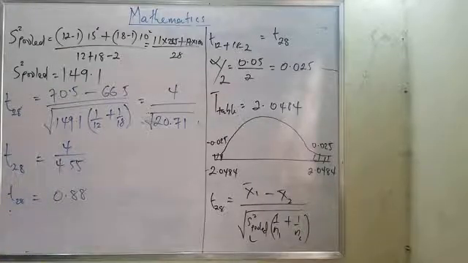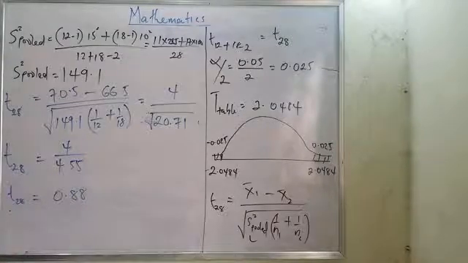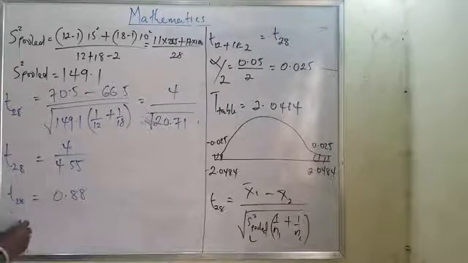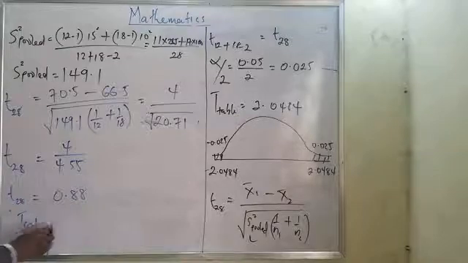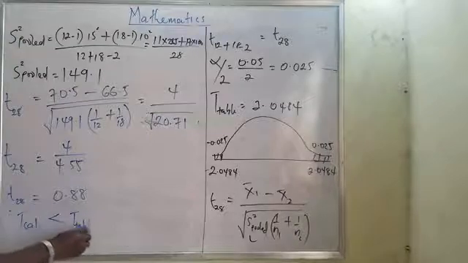Now, don't forget the t table and the calculated value. We have to know the condition of both of them. Why are we accepting it? Because the t calculated, 0.88, is less than the t table, 2.0484.